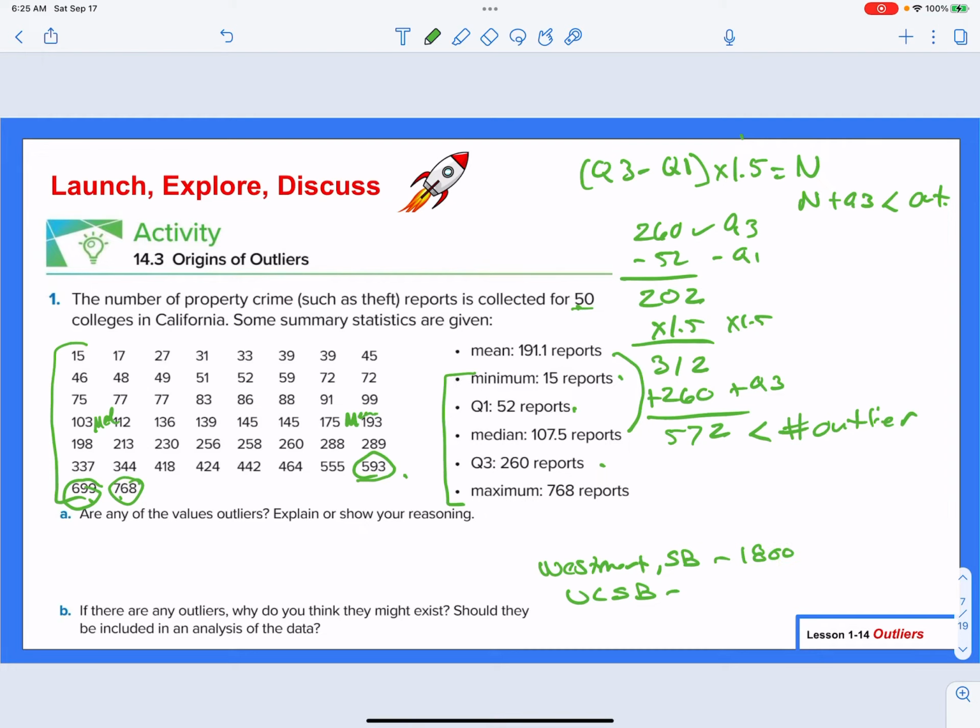Whereas UC Santa Barbara, I don't know what it is exactly, but it's probably more like 25,000 students. So in terms of crime happening, there are fewer students here than here, so I would expect a smaller number at this school and a greater number at this school. Not because one's better or worse, just because there are more people, so more things are likely to go wrong, potentially, is what we would say there.